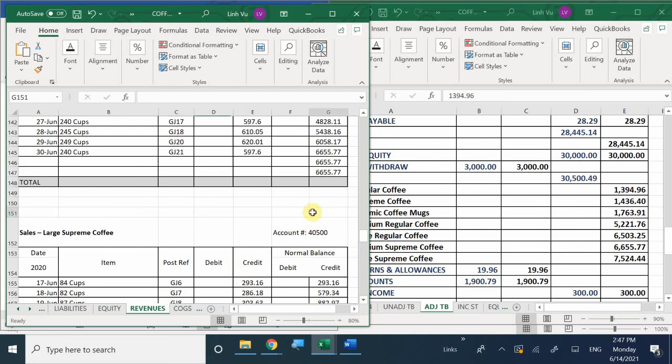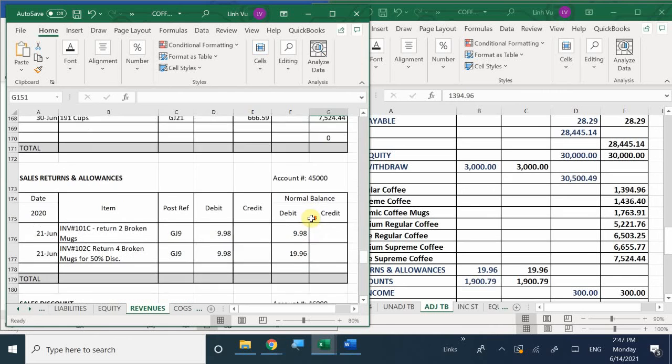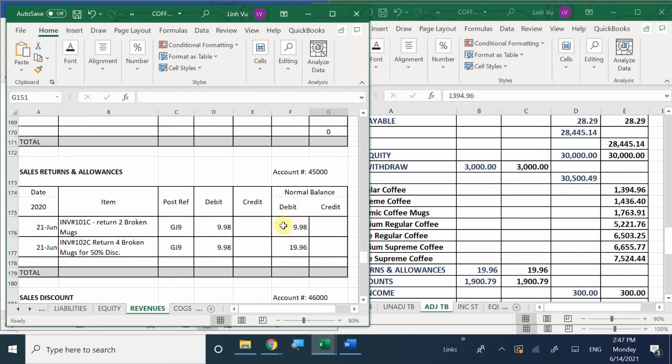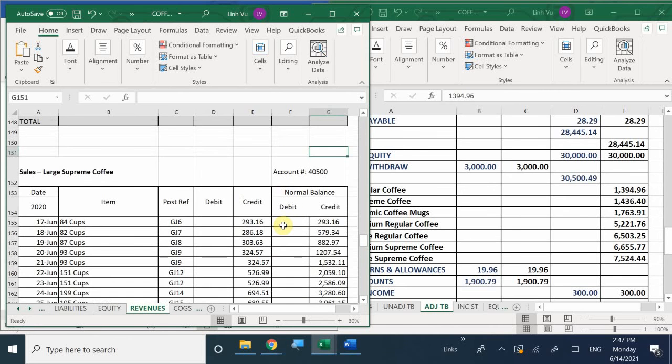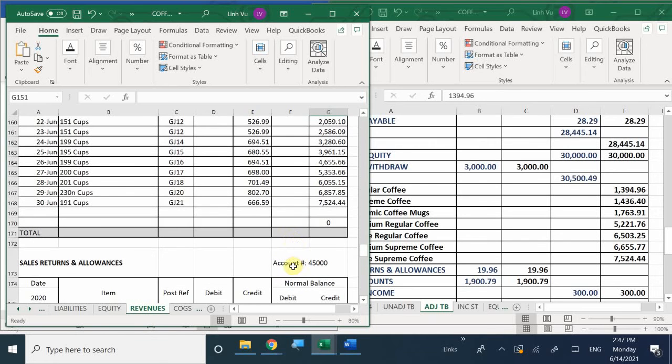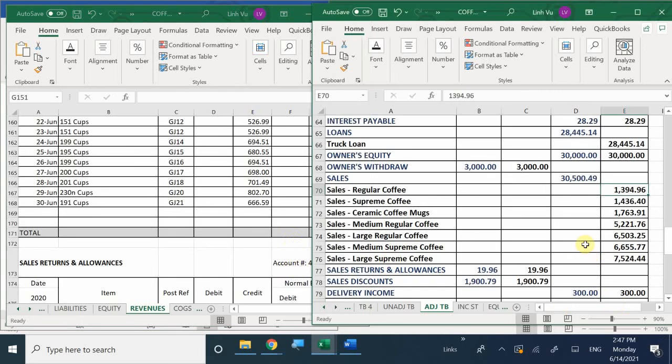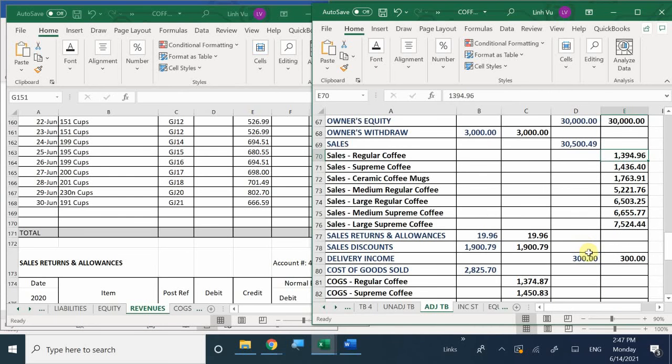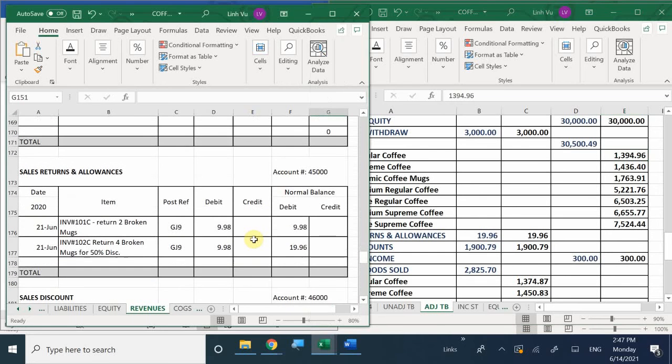So all my sales should stay the same, right? All the way throughout. My sales returns and allowances is still outstanding for $19.96.